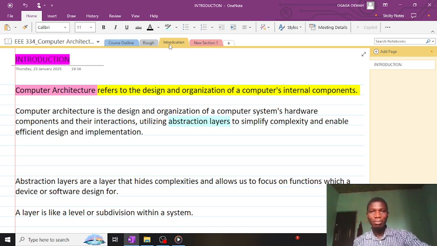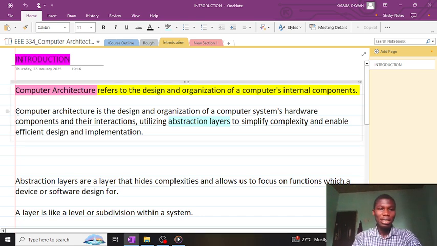Just like any electronic device, say a mobile phone, how it works, how it's designed, and how its internal components are organized so as to work properly. That idea is computer architecture. So computer architecture refers to the design and organization of a computer's inner components.